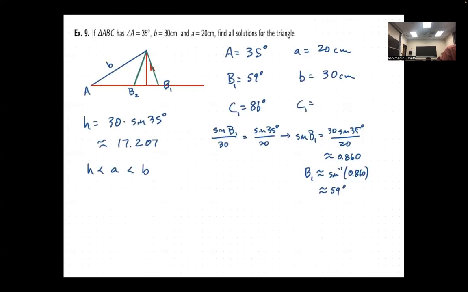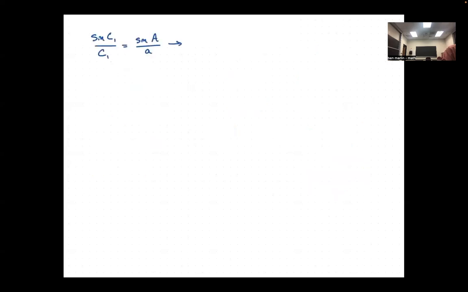So I have to look back over here and say 35, 20, and 86. So sine 86 degrees for C1 equals sine 35 degrees over 20. Okay. So my C1 that I will end up getting should therefore turn out to be 20 sine of 86 degrees divided by the sine of 35 degrees. And I am going to do that in the calculator.